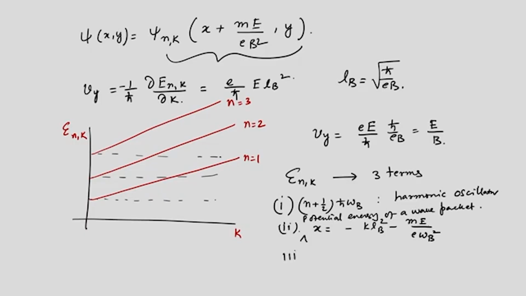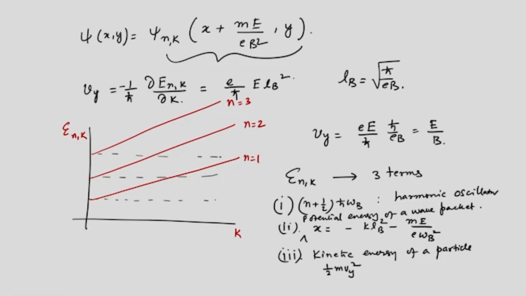And third, it's the kinetic energy of a particle whose energy is given by half m v_y squared, which is half m into E squared by B squared.